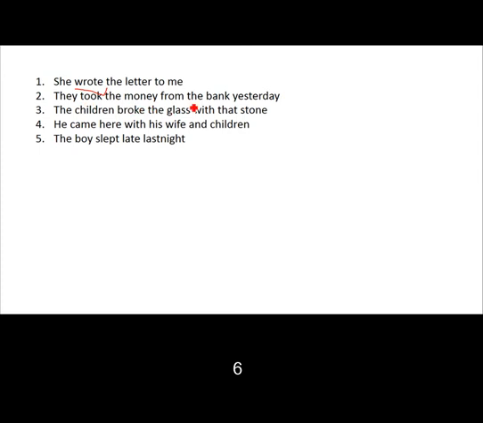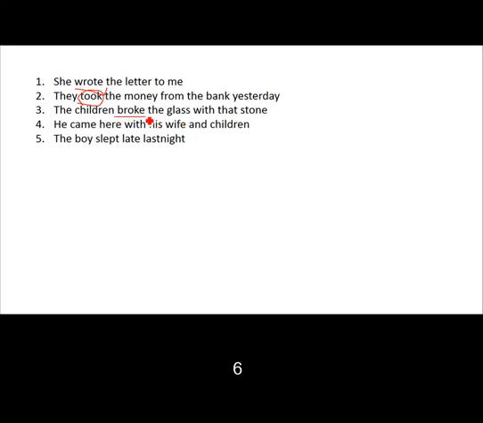They took the money from the bank yesterday. Subject, predicate. The predicate is the verb took. What is the first form of took? Take. Number three. The children broke the glass with a stone.